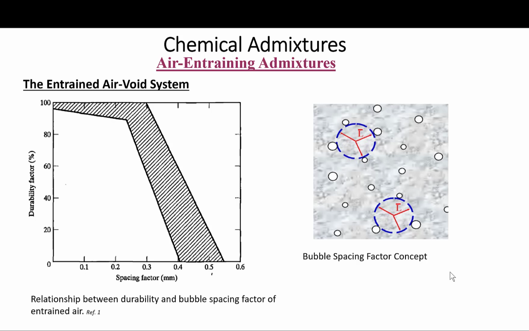Also, as we mentioned about the quantitative microscopic examination, as per ASTM C457, it can be carried out routinely to determine these parameters using an automated computer-based system. Although in the field only the total air content is controlled, so you have to keep that in mind.